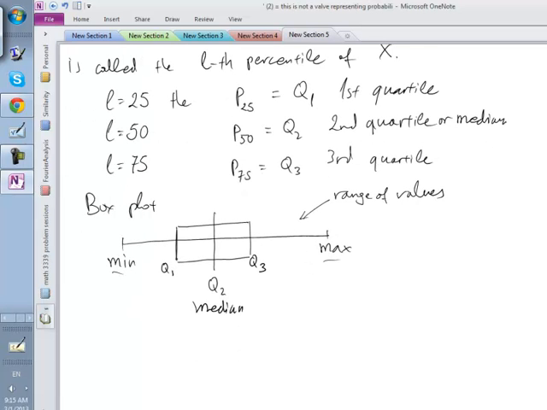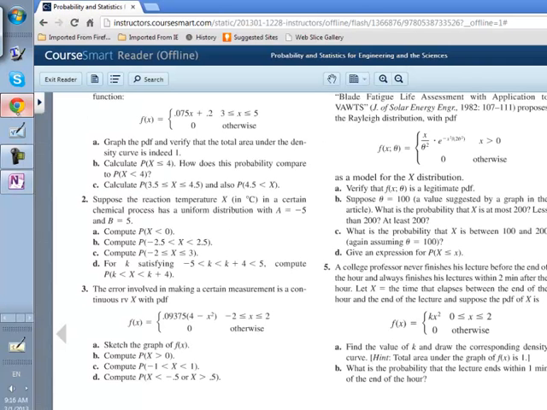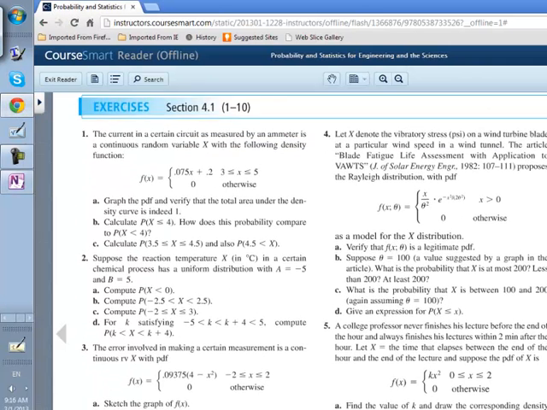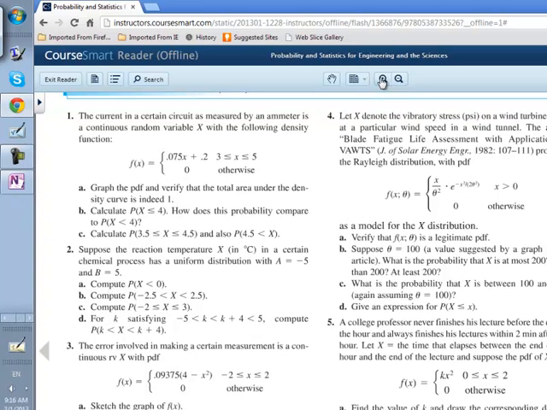Now, to close this presentation, I would like to work on some problems. So let's look at some of the problems here in the book. I will look at the first problem now. Problem number 1.